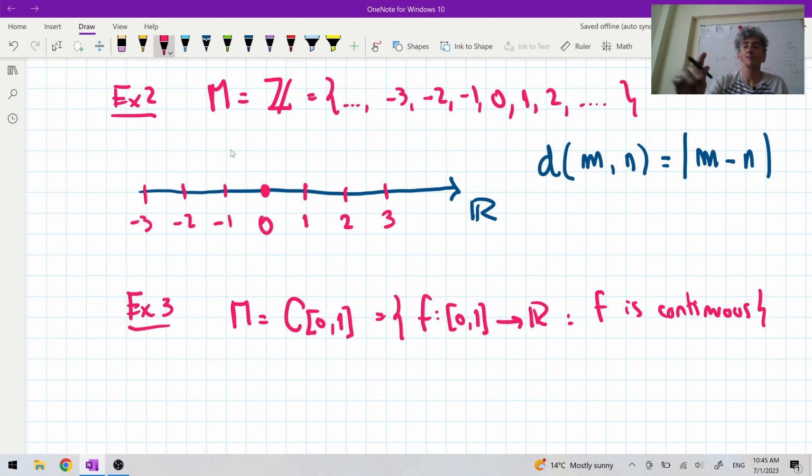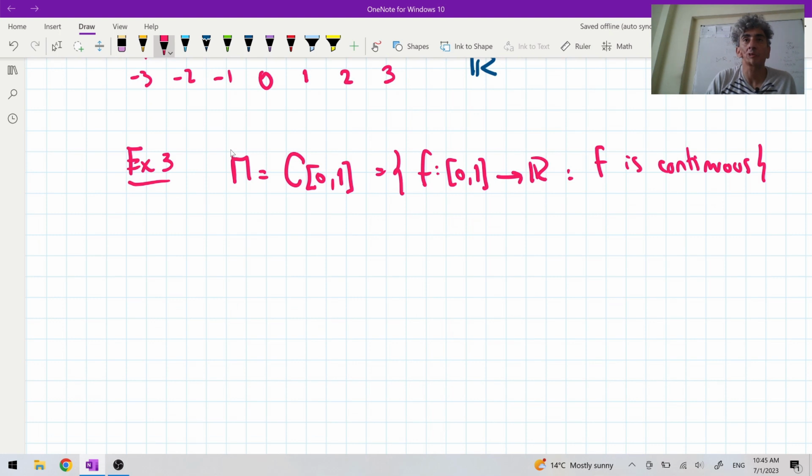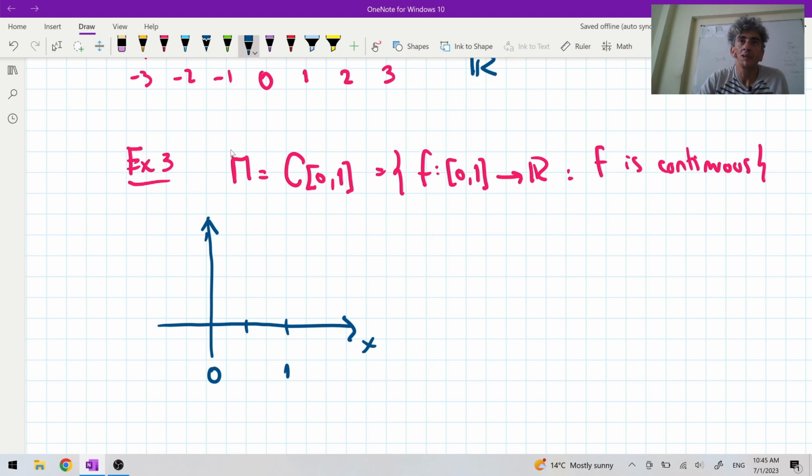So one of these functions has a graph. This is 0, and this is 1, and a function belonging to this set will be a function that has a graph that goes something like that. If we call this function f, then we can find another function.